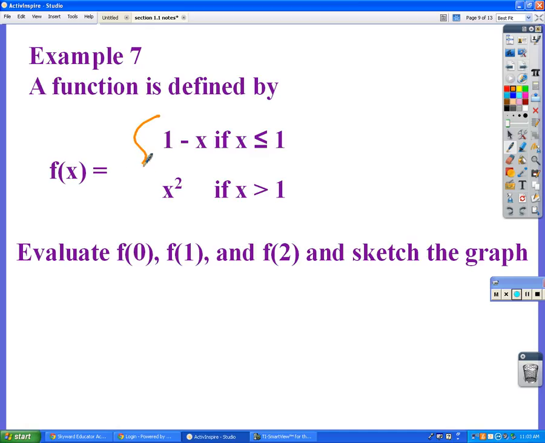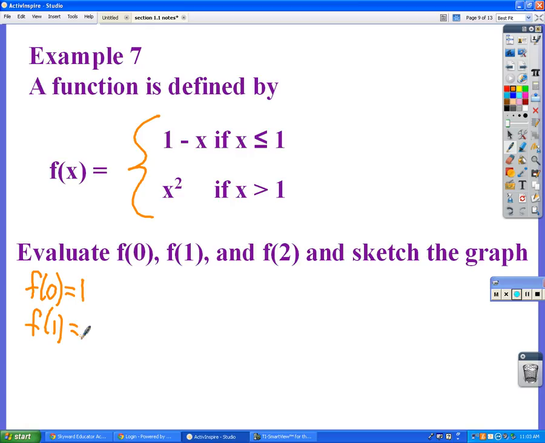So if we have f of x is 1 minus x if x is less than or equal to 1, and x squared if x is greater than 1, what is f of 0? 1. 1 minus 0, yeah, because 0 is less than 1, so we're in this section right there, so f of 0 is 1. What about f of 1?